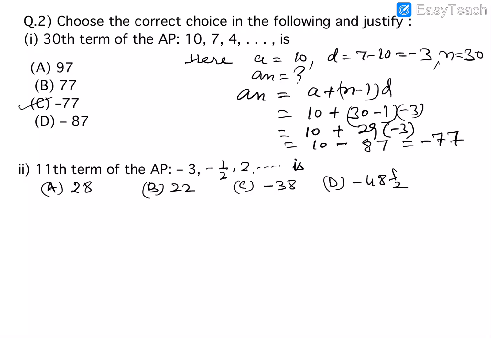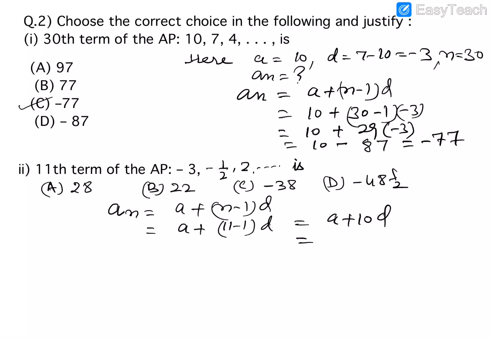To find out the 11th term of this AP, we use the formula an is equal to a plus n minus 1 into d. n is 11, so 11 minus 1 into d, that is a plus 10d. This is the 11th term. The 11th term is given by a plus 10d.